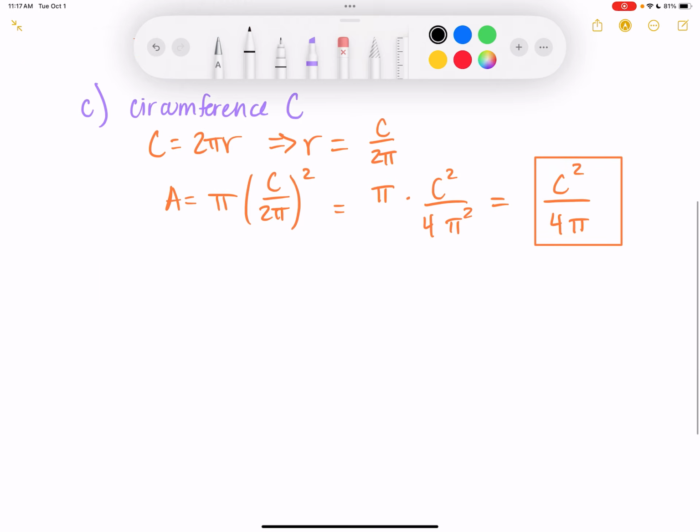The next thing we're going to do is look at a max value problem.